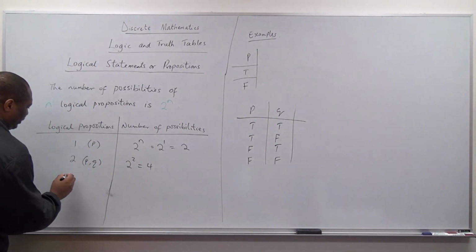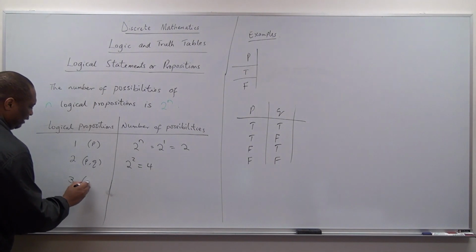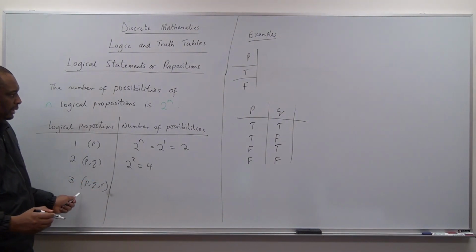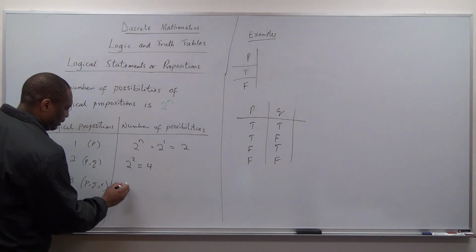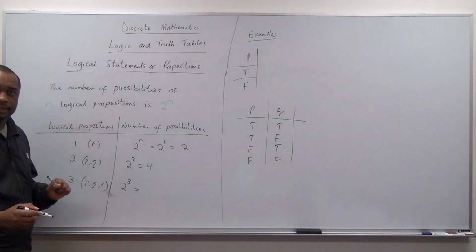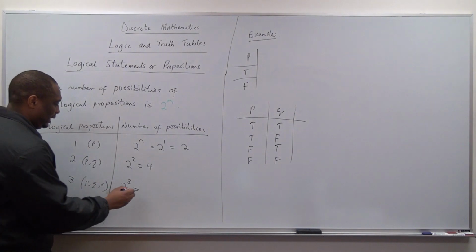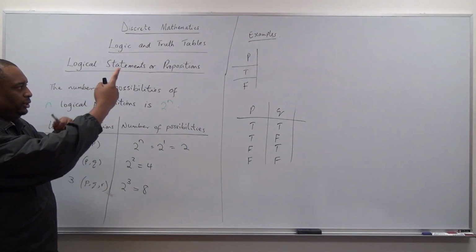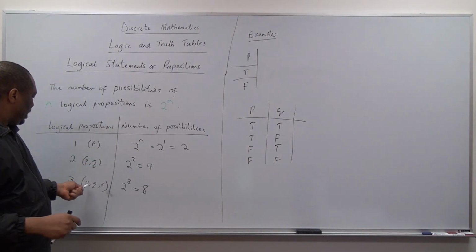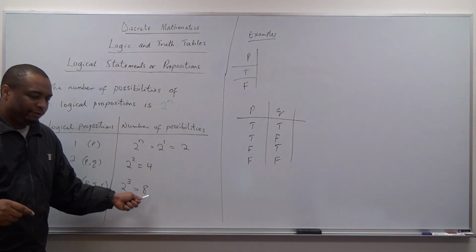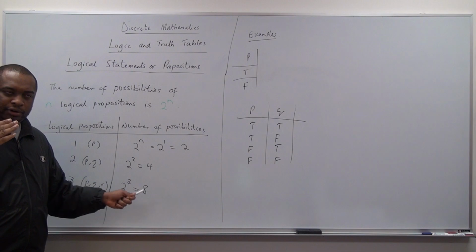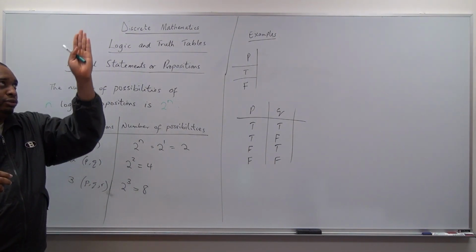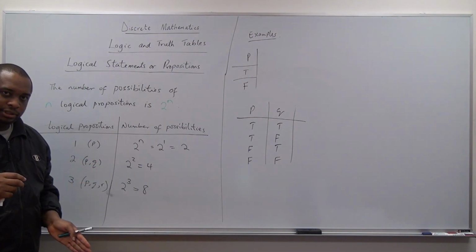Now, if you have 3 logical statements, we have P, Q, and R. So this will now be 2 raised to power 3, the number of possibilities you can have, and that is 8. Before I write it, for P, if you do 8 divided by 2, it is 4. So you have 4 truths and 4 false.